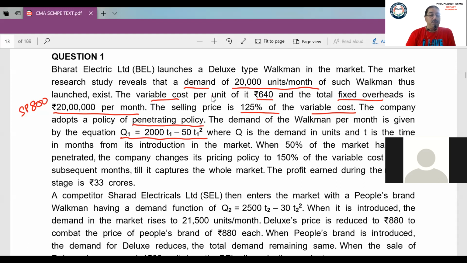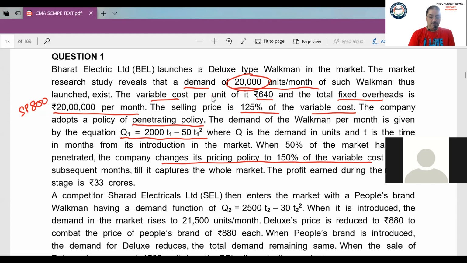When 50% of the market has been penetrated, total demand 20,000. When 50% of the market is penetrated, that means when I am able to sell 10,000 units or 10,000 Walkmans, then the company changes its pricing policy to 150% of variable cost.